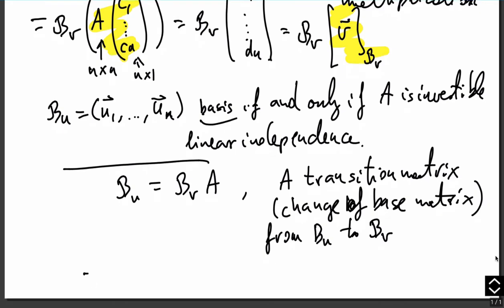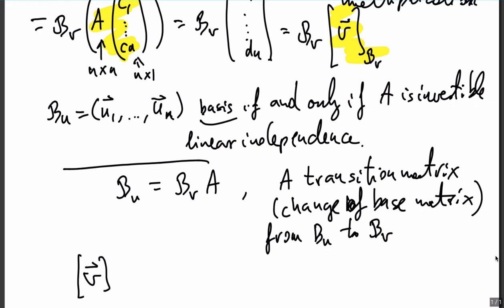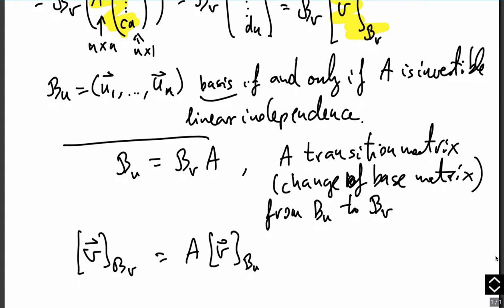So what we get is that for any vector, the representation in the V basis can be written as A times the representation of the vector in the U basis. This is perhaps a better explanation of why this is called a change of basis from BU to BV, because if you know the representation in BU, then we can get the representation in BV using this matrix multiplication.